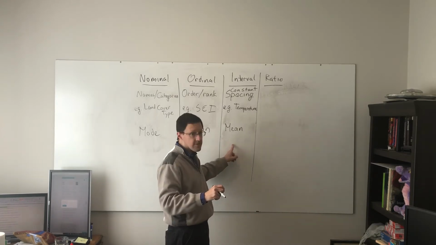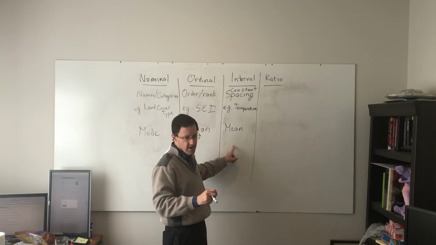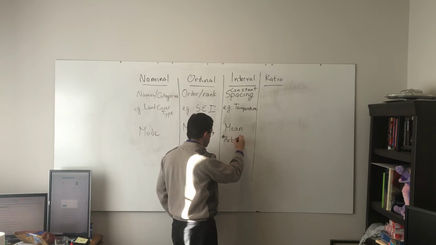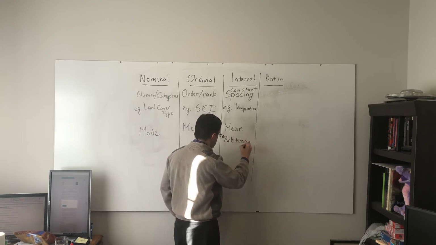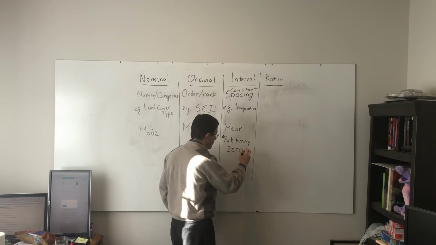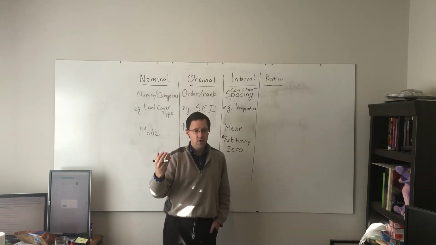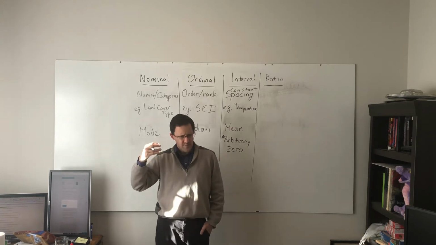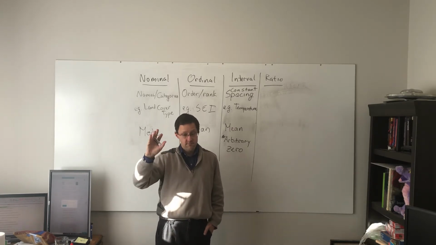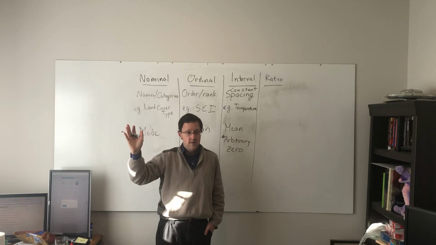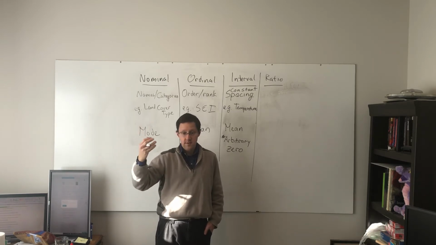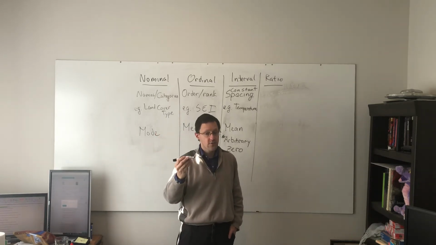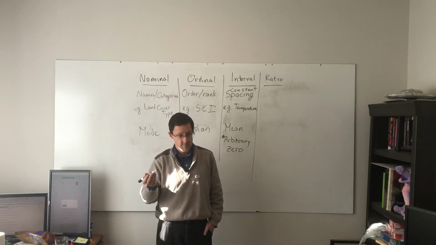The key thing for interval data is that the value of 0 is ultimately arbitrary. If you think about the Fahrenheit scale, I can say that the difference between 20 degrees and 40 degrees is 20 degrees Fahrenheit.